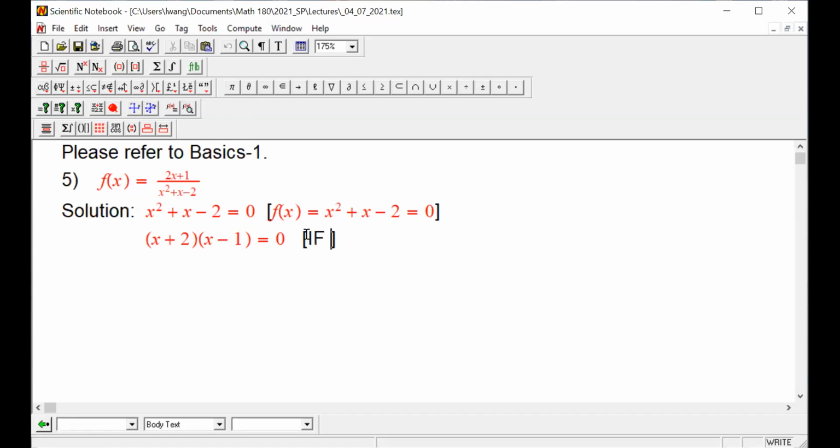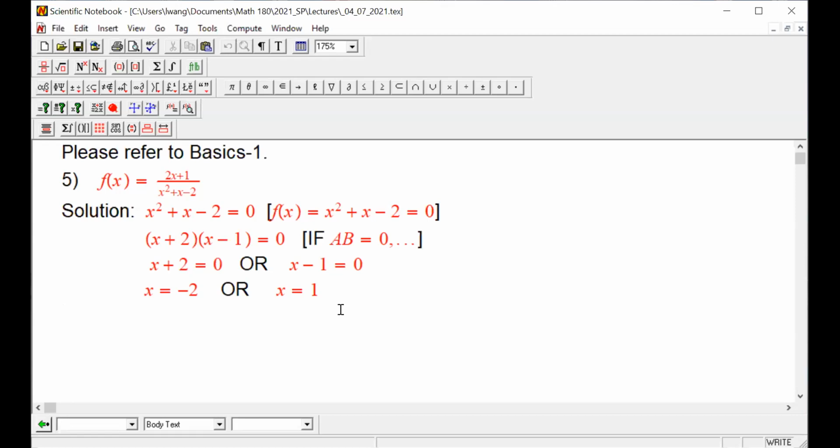If a times b is 0, then x plus 2 equals 0, or x minus 1 equals 0. And then x equals negative 2, or x equals positive 1.